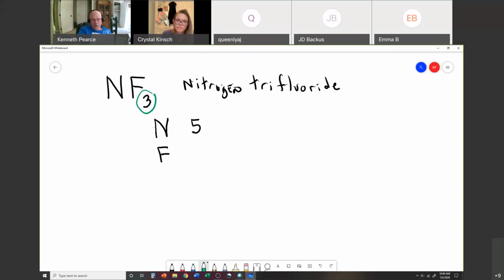We have 3. See what I mean? If you're in a hurry, if you're not paying attention, you might put down 4. But it is 3 fluorines. Fluorine is 1, 2, 3, 4, 5, 6, 7. 7 valence electrons, which is 21. Grand total is 26.